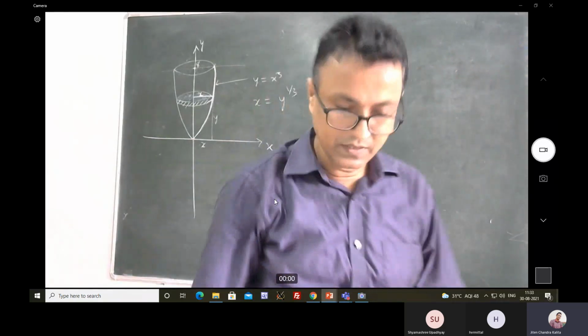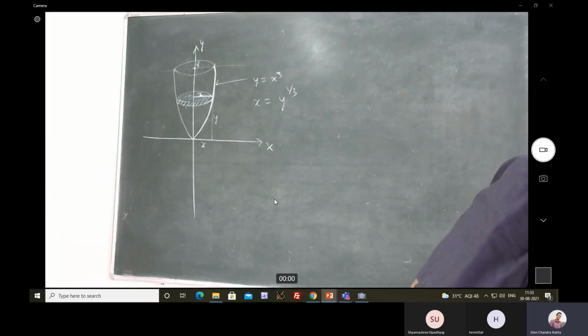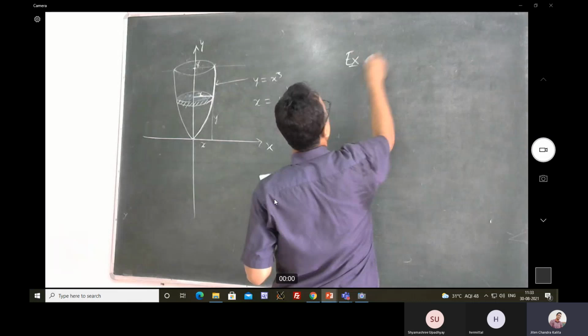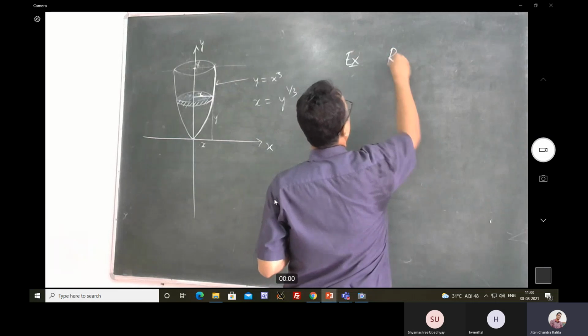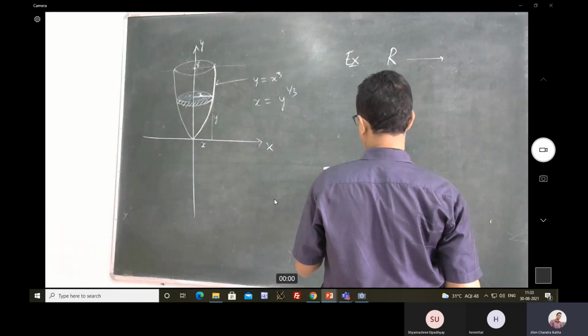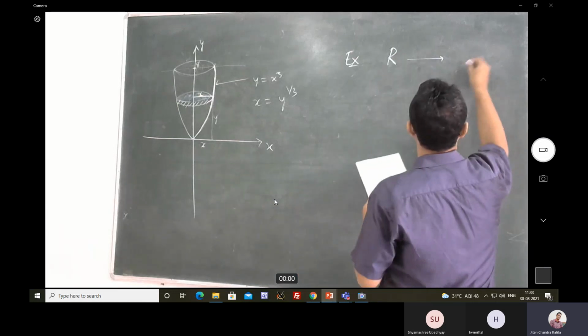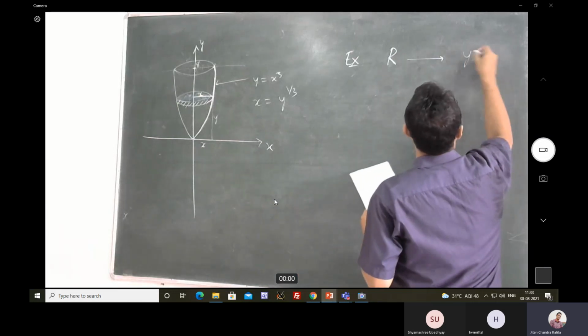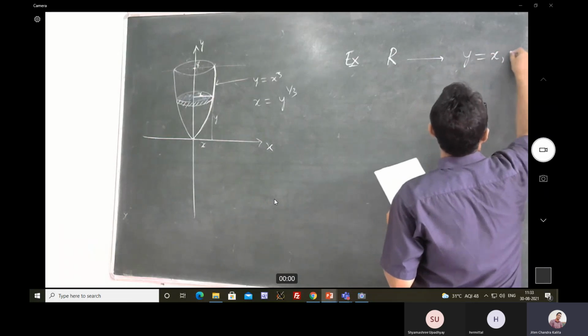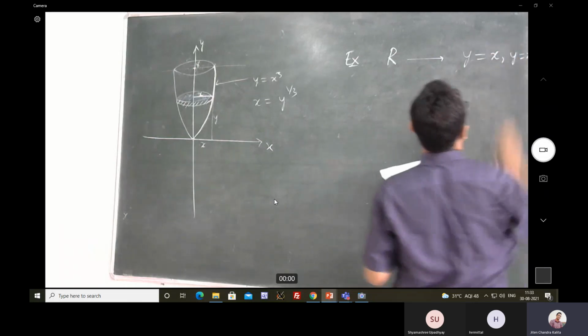Okay, let me consider another exercise. Suppose I am considering a region R bounded by the line y equal to x and the curve y equal to x squared.